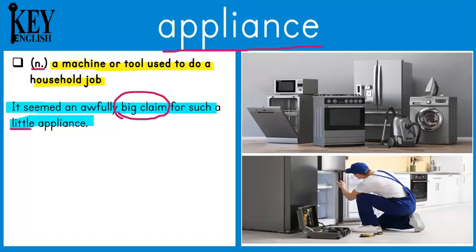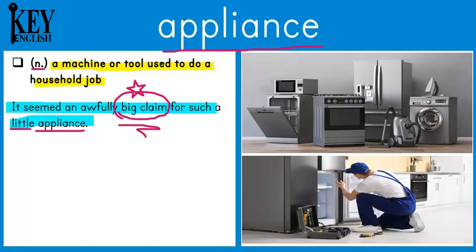So a claim means something that it can do. And maybe this little appliance said that it can do something very big or something very important. So the sentence is just being a little bit cautious about this little appliance, maybe saying that they don't believe that this little appliance can do such a big thing like it said that it can do.